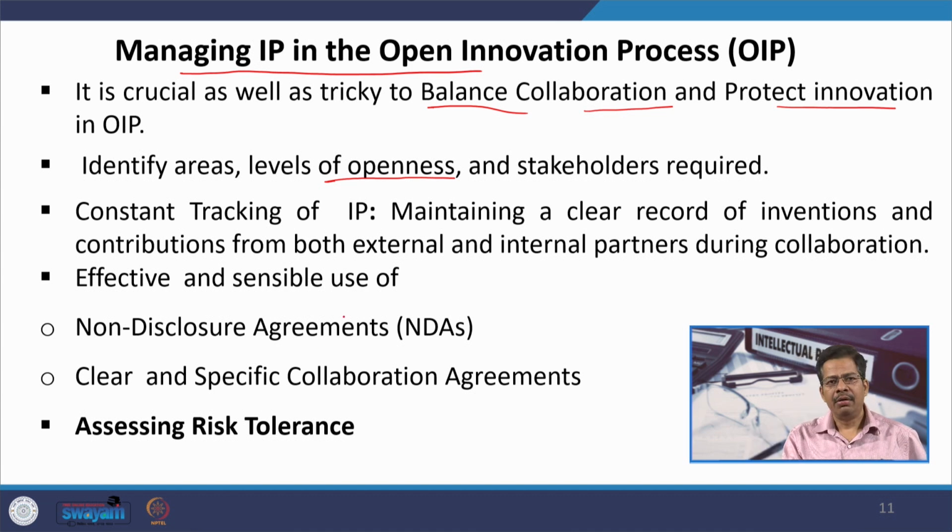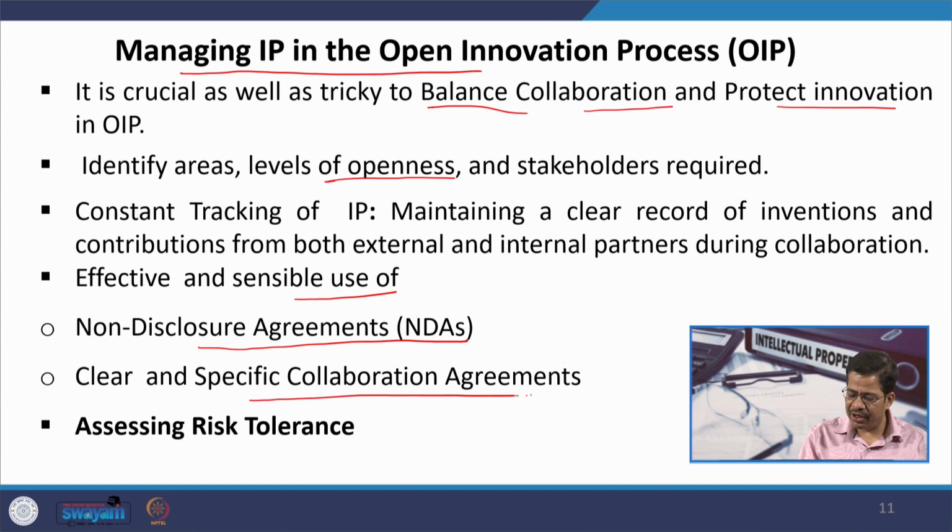Here we also effectively use non-disclosure agreements, NDAs. We look for clear and specific collaborative agreements, so that all the parties involved in this open innovation process understand their obligations, because you are working in a team.